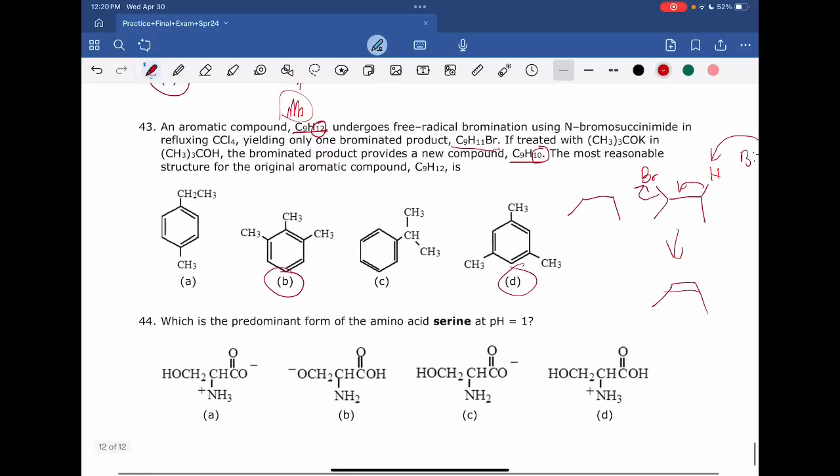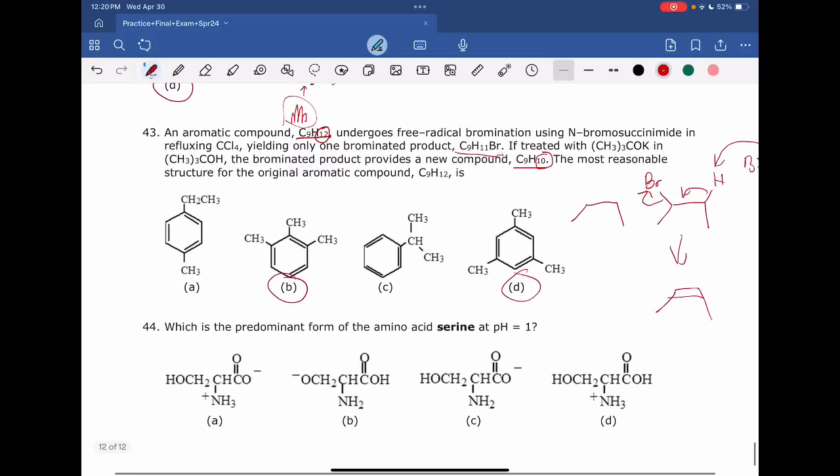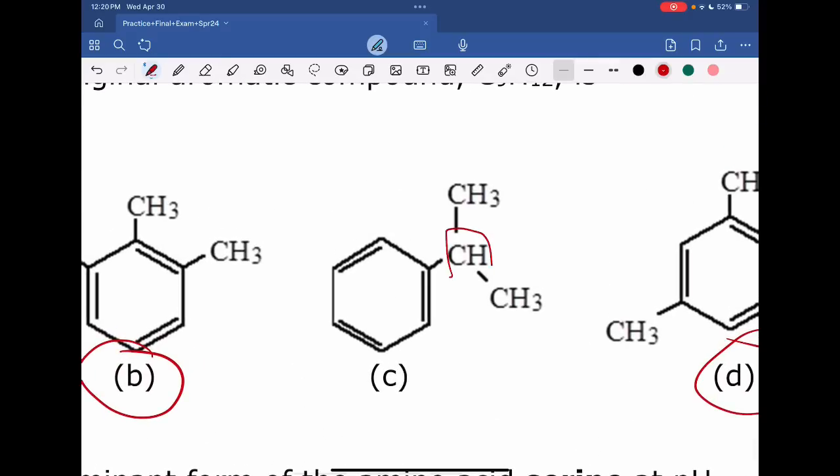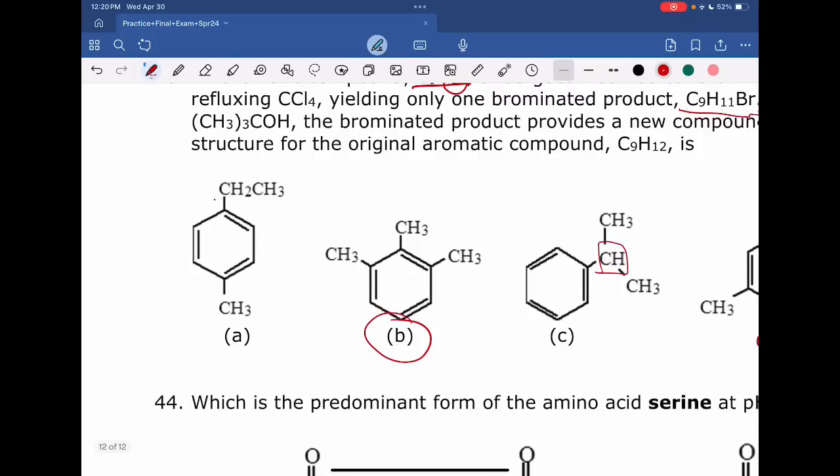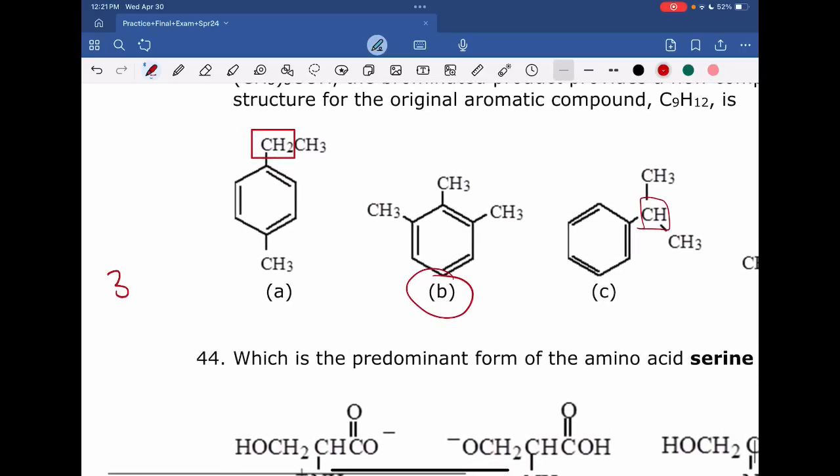Now for A and C, the only difference lies in the fact that C has a tertiary carbon and A has a secondary carbon. A has no tertiaries. And remember that bromination prefers tertiary over secondary over primary.